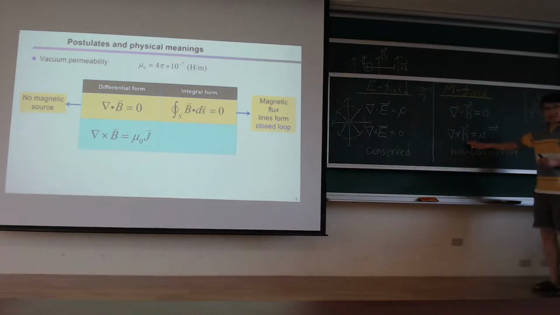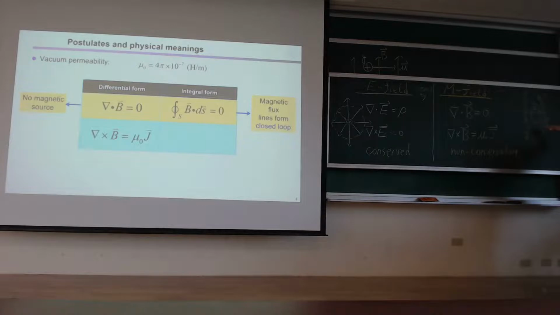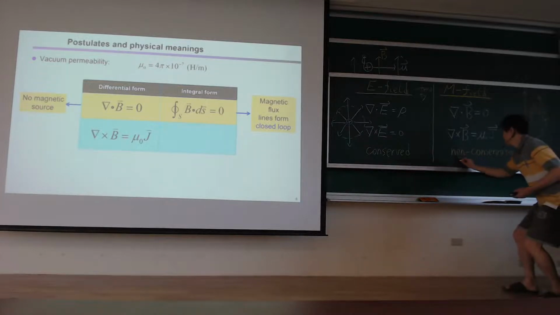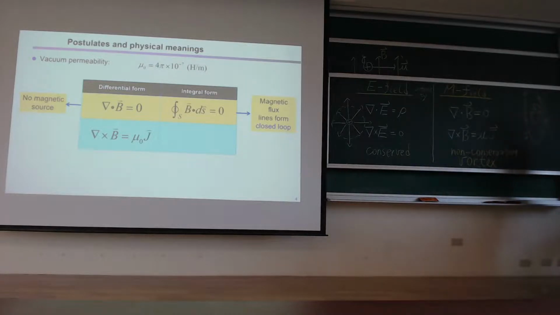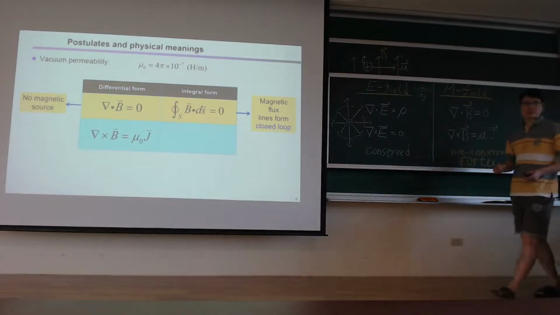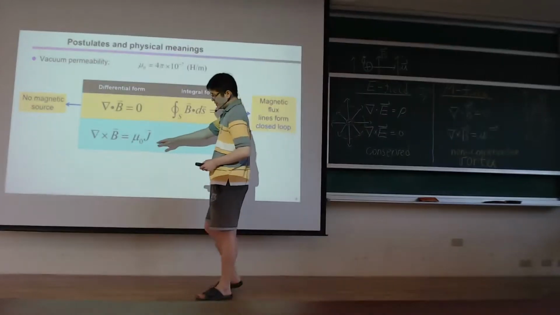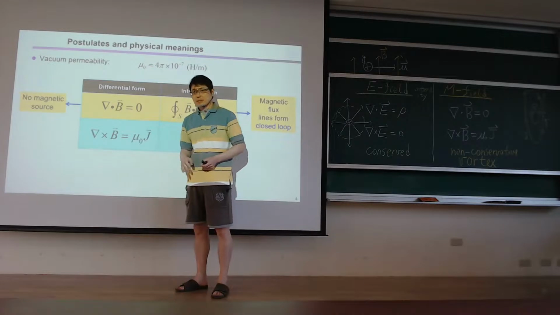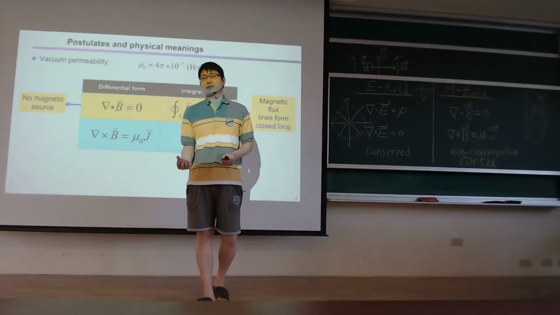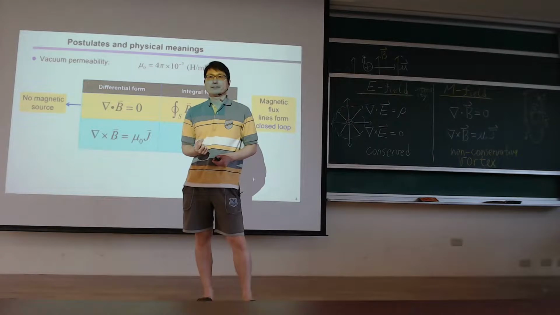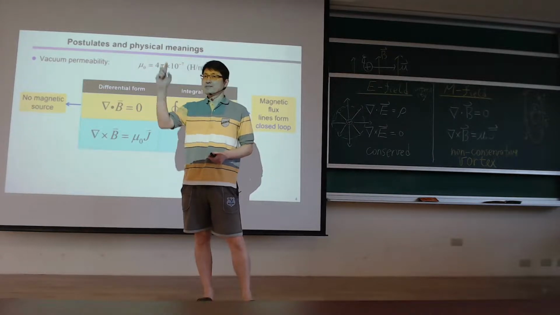If a given vector has a non-zero curl, then this field has closed loop forms and therefore represents a vortex field. Go back and check. We actually went over this in the past. So the second postulate for magnetic flux density is telling you directly up front, this field is a vortex field. It is non-conserved. That is message number one.